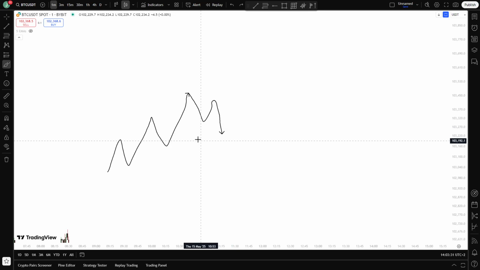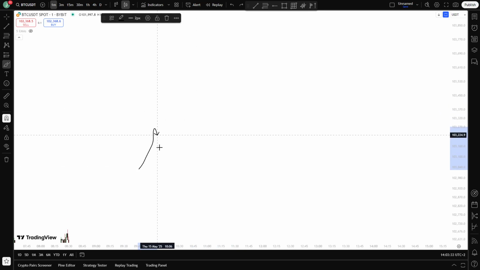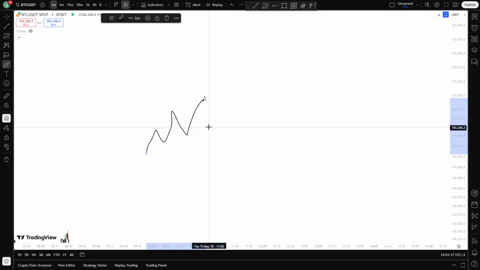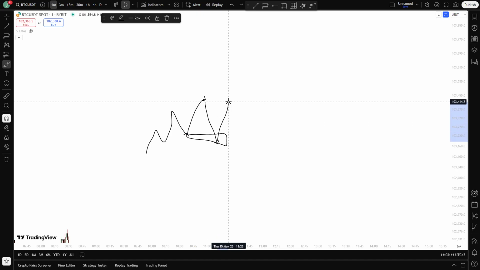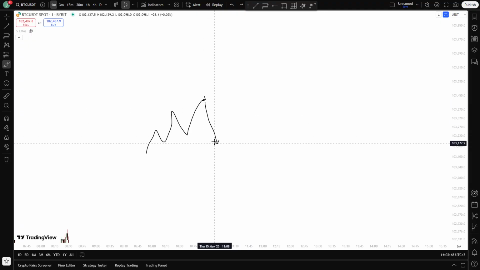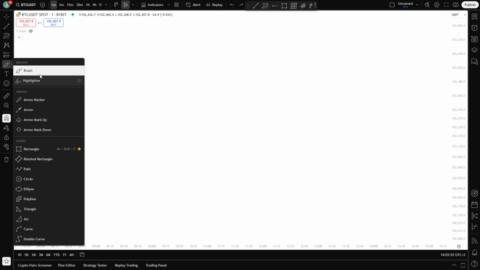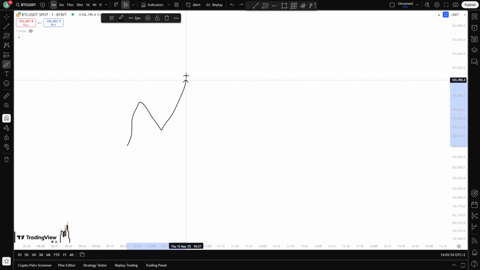Okay? So in order for the staircase to be violated, let me draw it regularly. It needs not to break once, because like this we can still get this. Okay? But what we want to see is the price breaking both staircases.